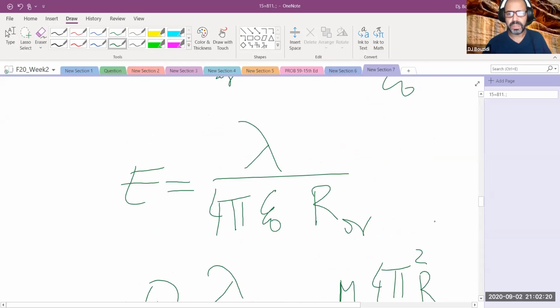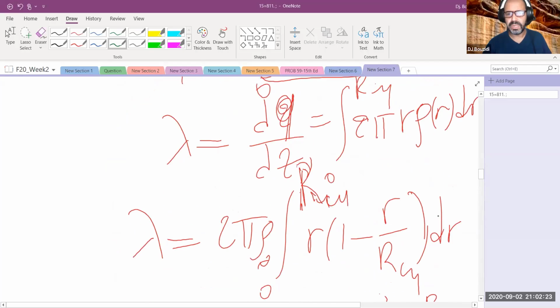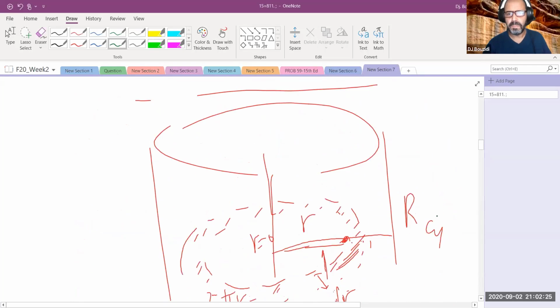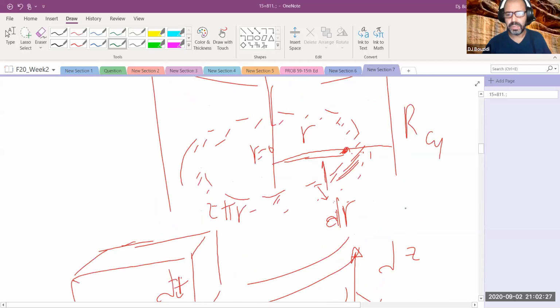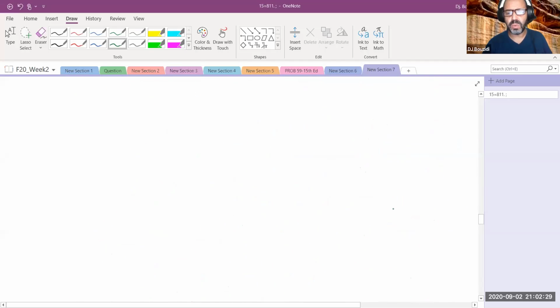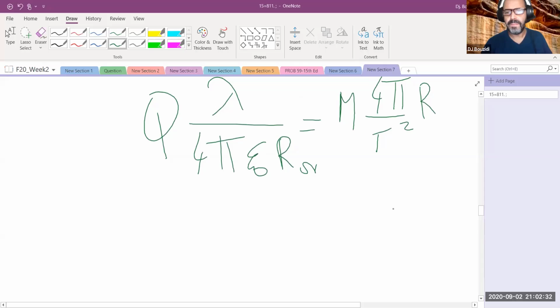Yes, times r orbit. Remember from this expression that I put in there what we know? Yes, r orbit, because we are on the orbit, that's the distance we are from the center.